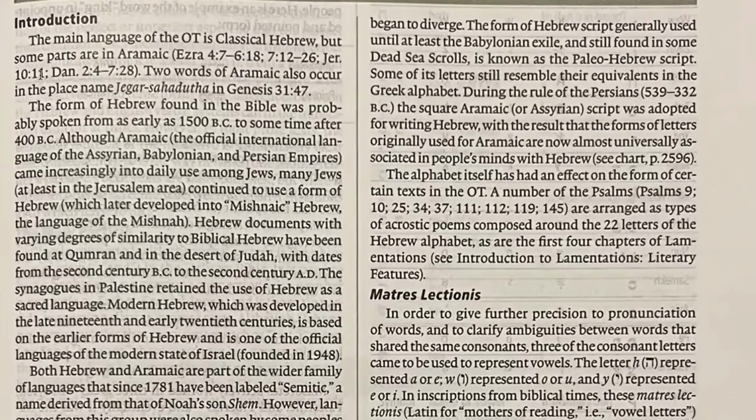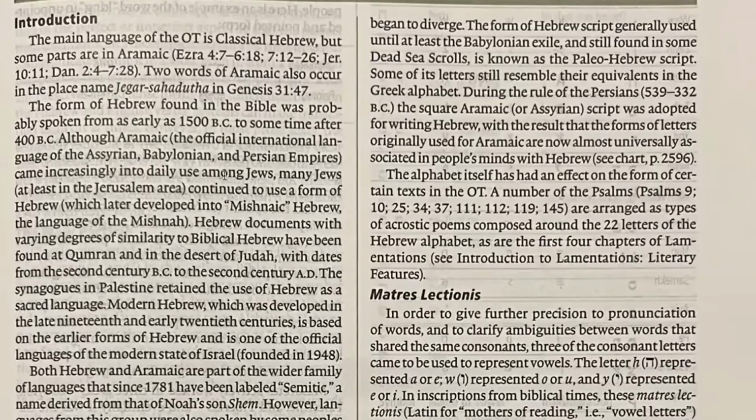Jeremiah chapter 10, verse 11, and Daniel chapter 2, verse 4 to chapter 7, verse 28. Two words of Aramaic also occur in the place name Jegar Sahadutha in Genesis chapter 31, verse 47.